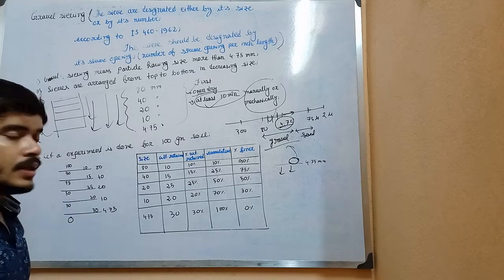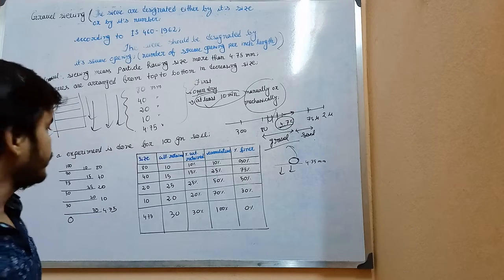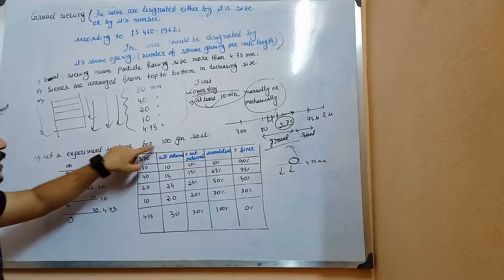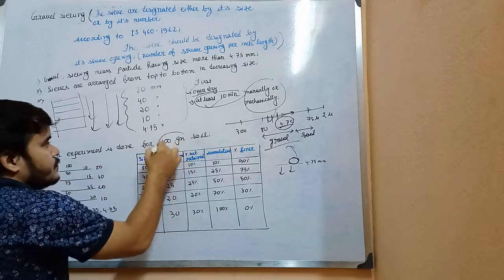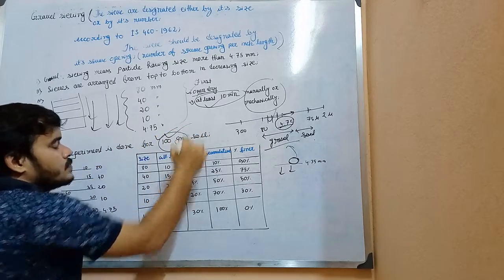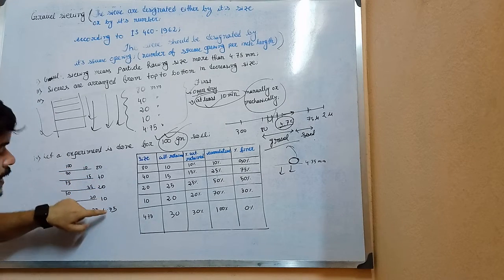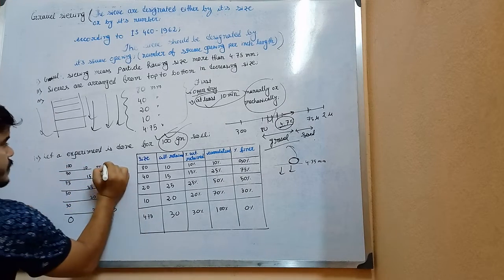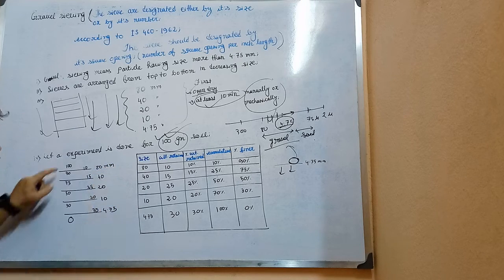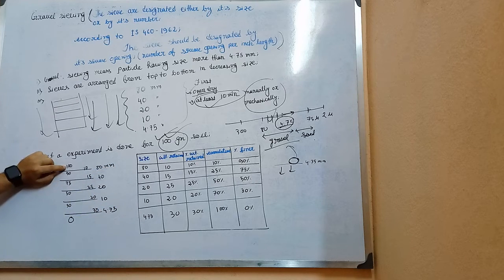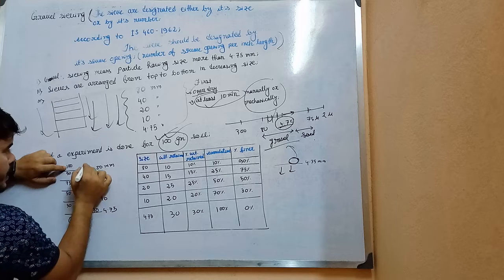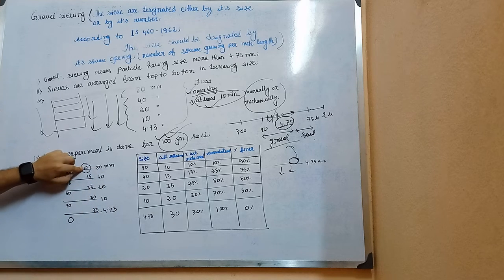Now let's do an experiment here. Let the experiment be done for 100 gram soil with 80, 40, 20, 10 and 4.75 mm sieves. If you put the 100 gram soil here, 10 gram soil is retained and 90 gram passed.